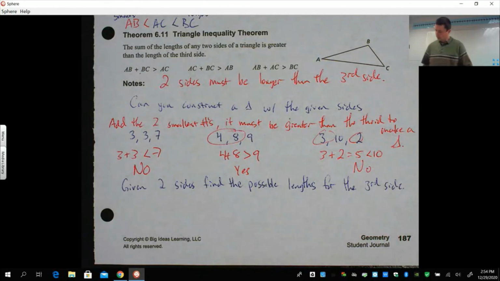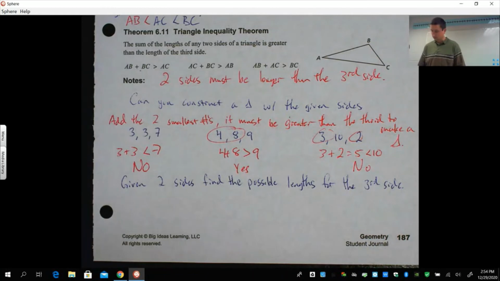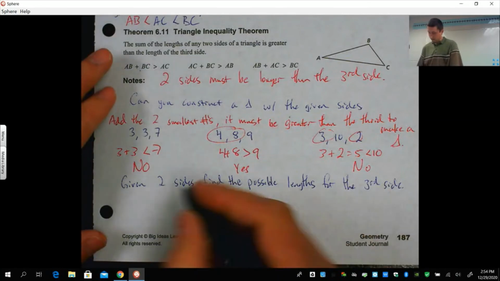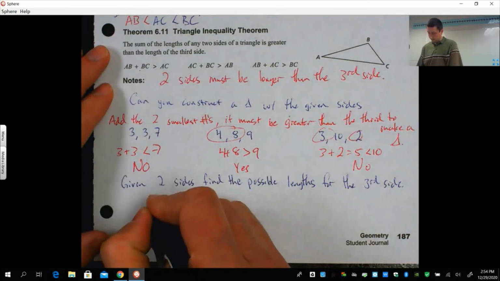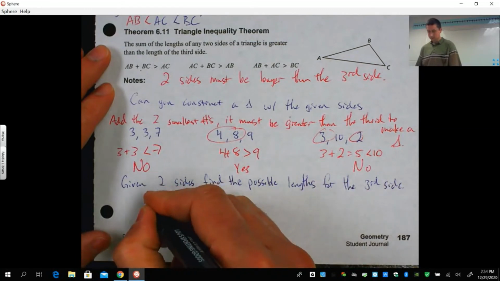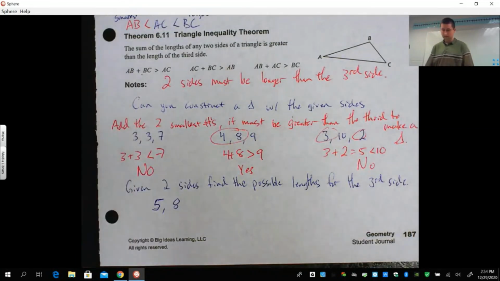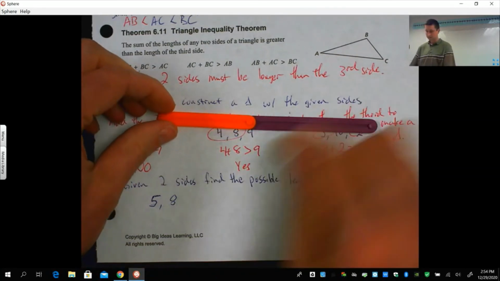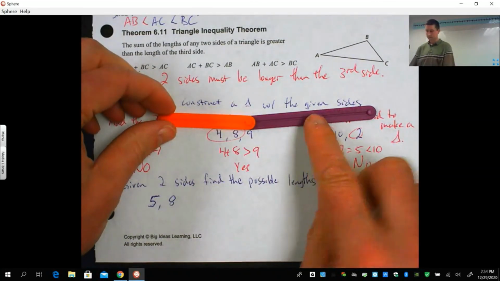Okay, so from the triangle inequality theorem, we can answer these questions here. Given two sides of a triangle, find the possible lengths for the third side. So let's say we have sides of 5 and 8. Let's assume this right here is a 5-piece and an 8-piece.